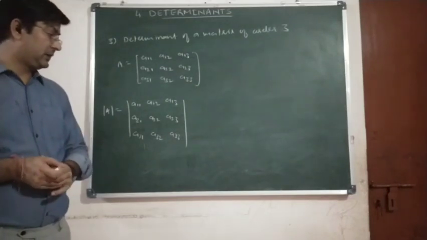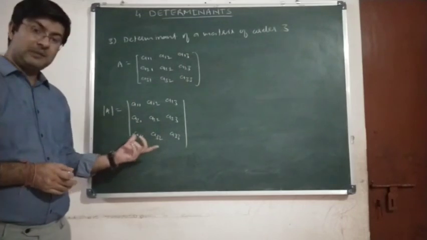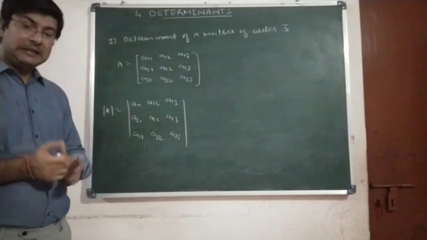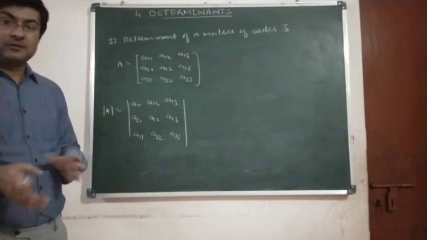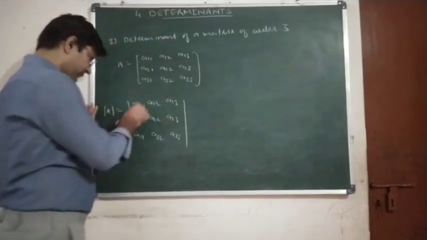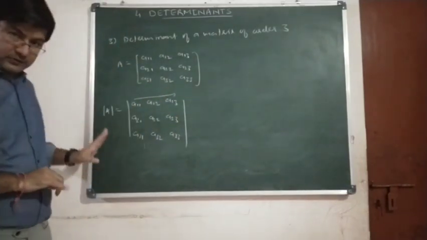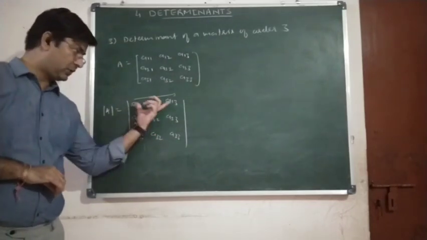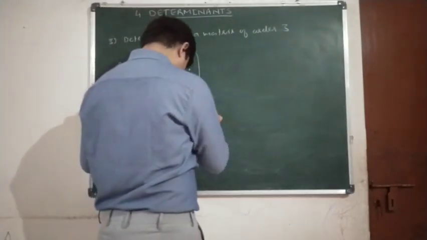Yes or no? Now in order to find out the determinant of a 3 by 3 matrix, we multiply each element of any one row or column with its corresponding cofactor. For example, if we are taking the elements of the first row, let us call that we are expanding this determinant along the first row. Clear? So how to write this I will show you.